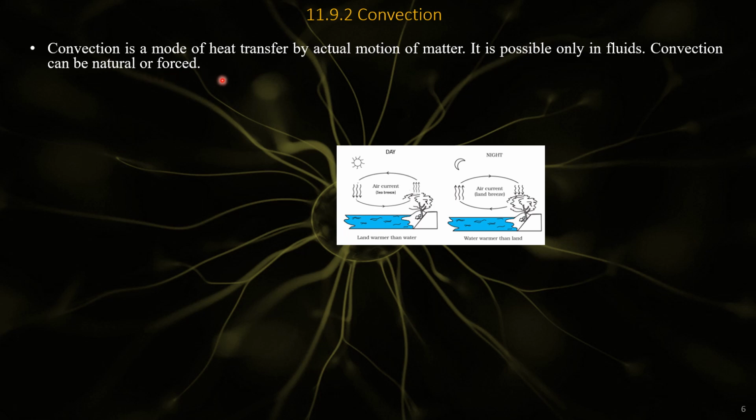There are two types of convection, natural or forced. The figure on the screen shows the convection cycles, that is land to sea and sea to land, both day as well as night.